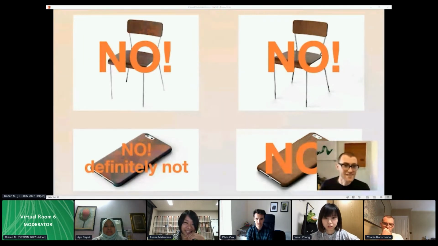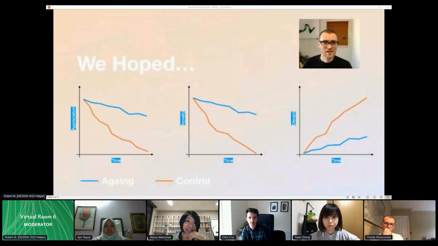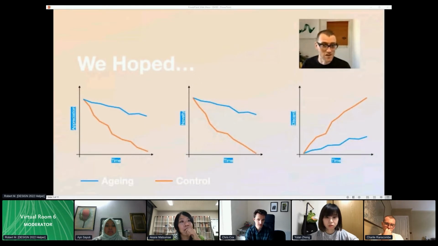In that instance, the aesthetic appreciation was much lower and willingness to discard actually increased. So to explain what that means in terms of our data, what we had hoped for is that in the control condition, we would see appreciation and novelty go down, and that in the aging condition, that appreciation would be sustained over time, likewise the novelty, and that the willingness to discard would be lower.